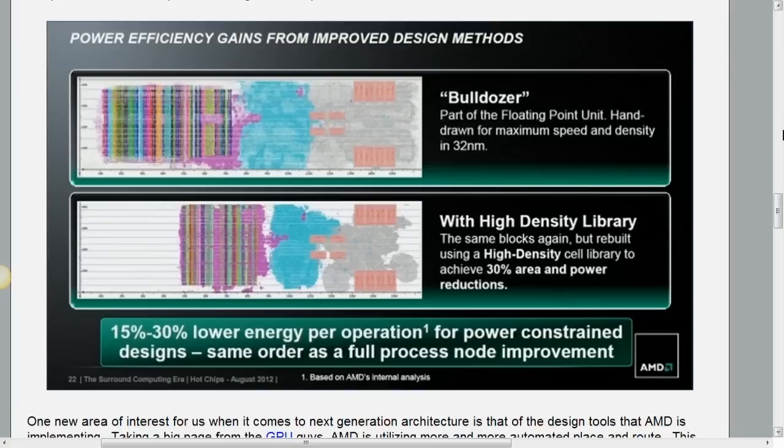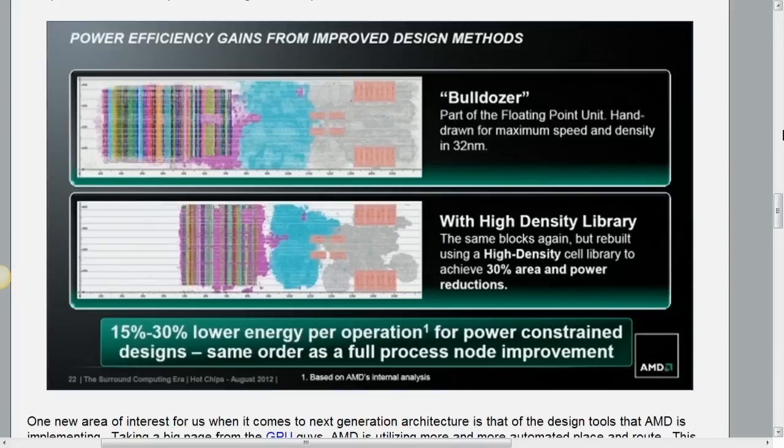In this slide, we see a portion of the floating point unit, and by using these high-density libraries, they're shrinking it by about 30%. And because of the way they're doing it, they're actually saving power by a pretty significant amount.